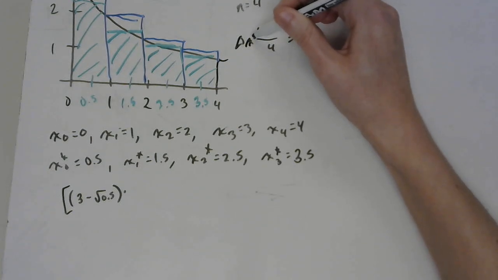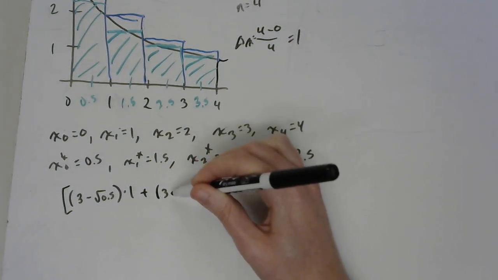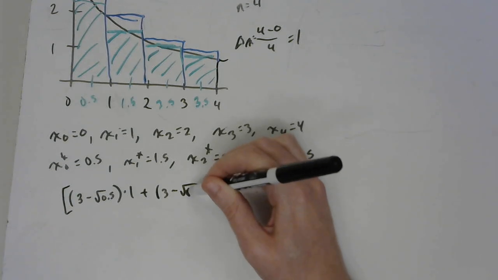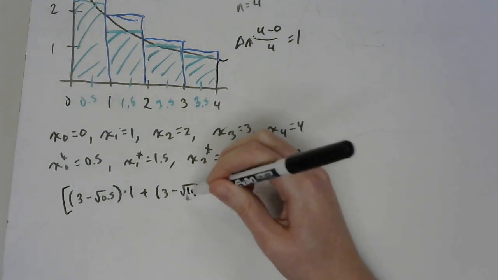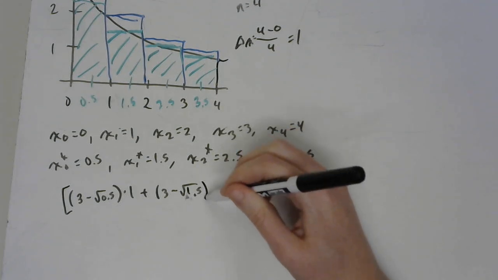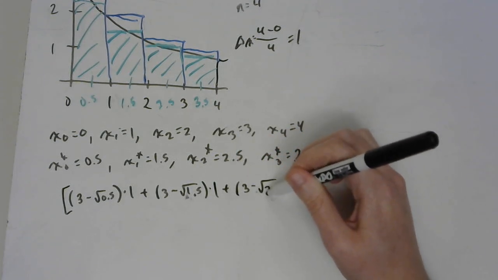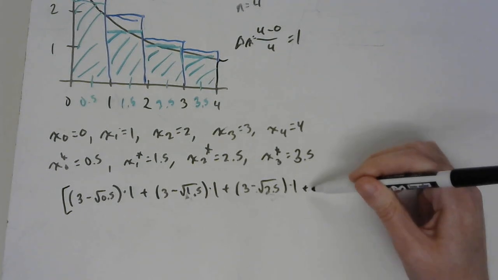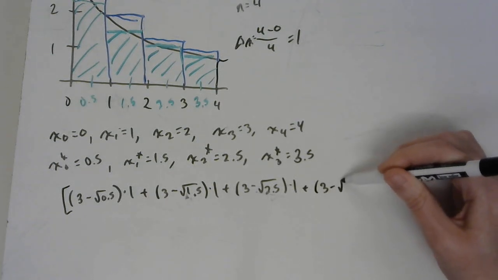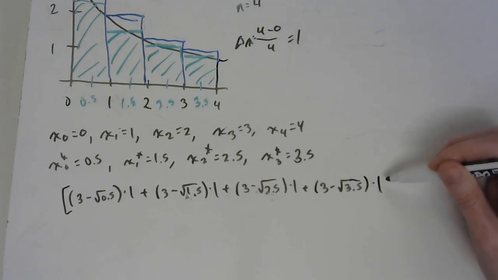So that times 1, plus 3 minus square root of 1.5 times 1, plus 3 minus the square root of 2.5 times 1, and then 3 minus square root of 3.5, times 1.